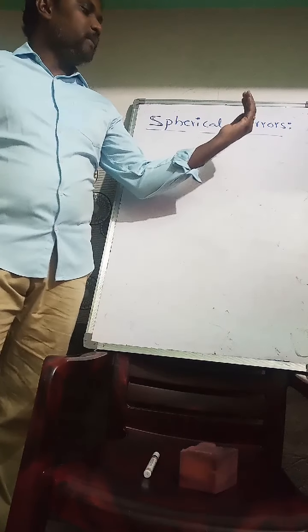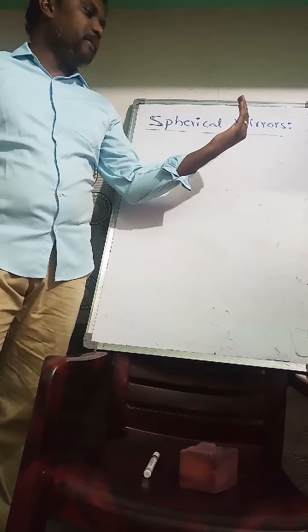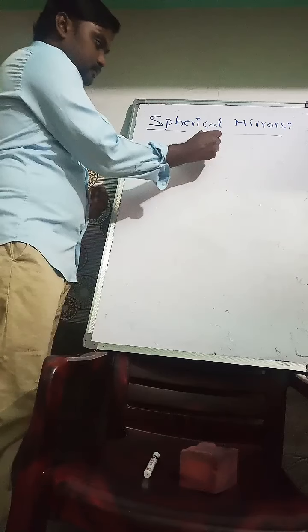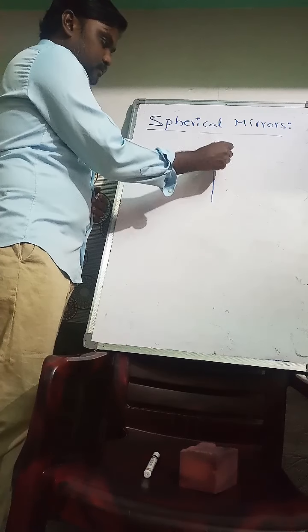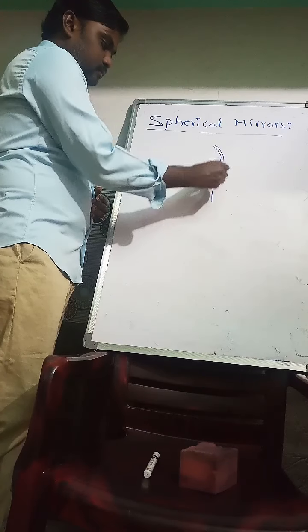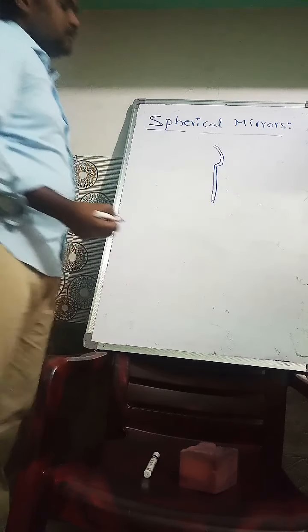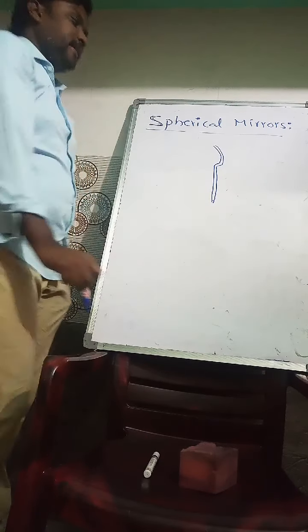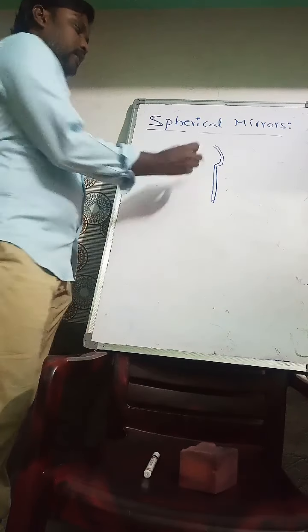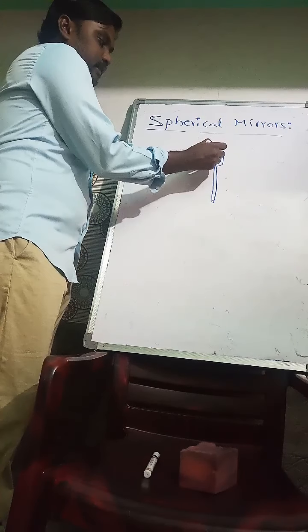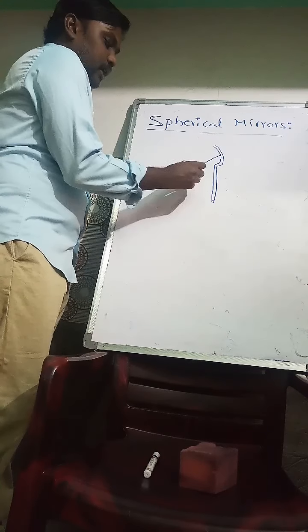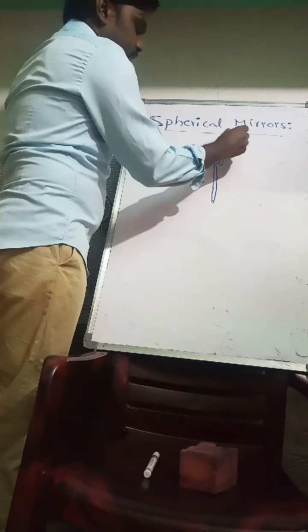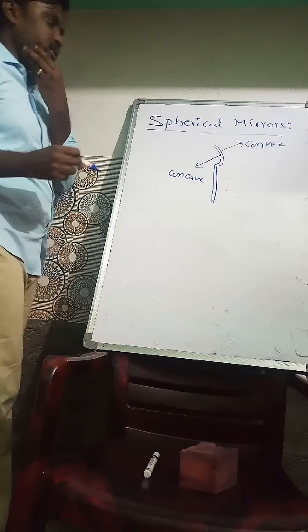The spoon will be like this, and in it you can find spherical mirrors. The inside surface is called concave, and the outside surface is called convex.